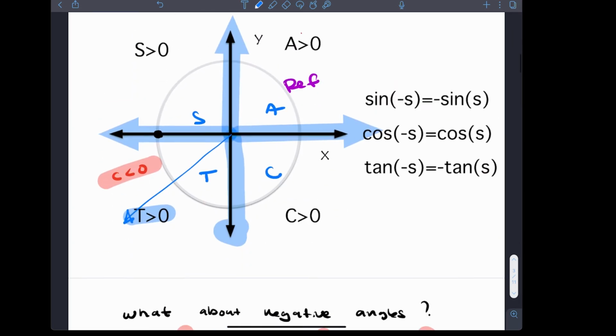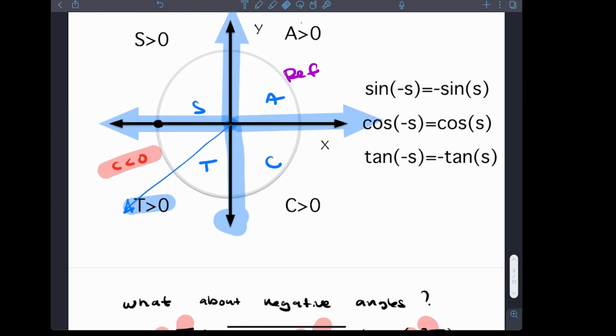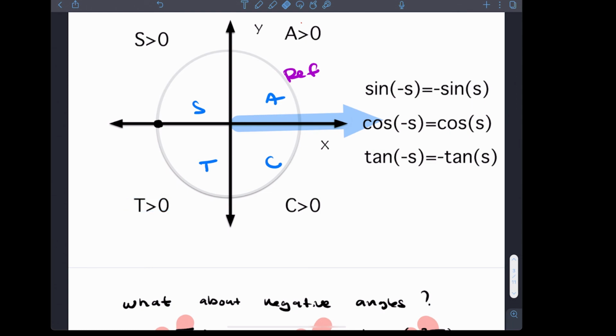So ladies and gentlemen, let's go back over here again. 1 revolution is actually 360 degrees. Is that right? And then I have to go another how much? I had to revolve that ray. That's 1 rotation.